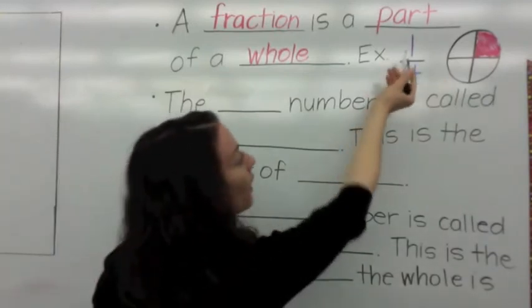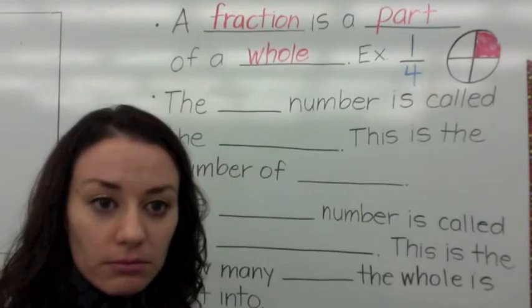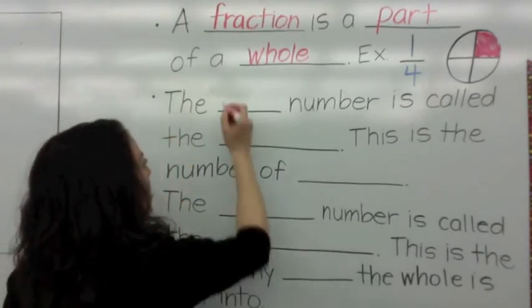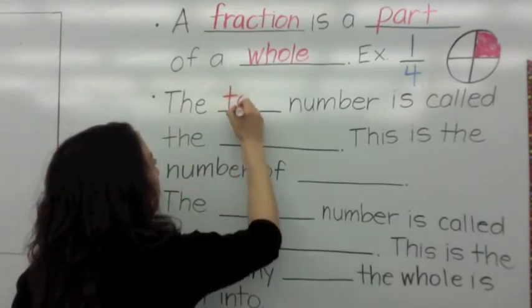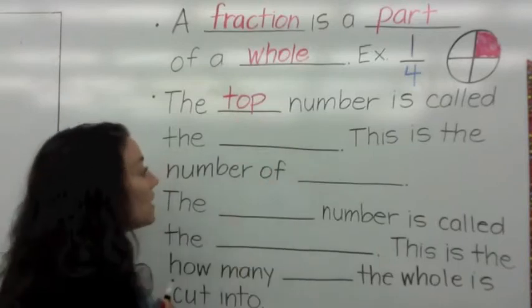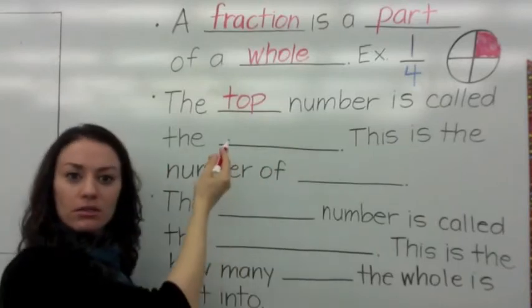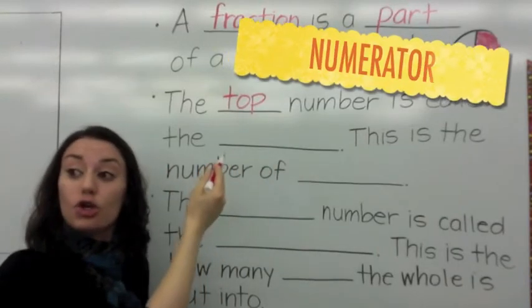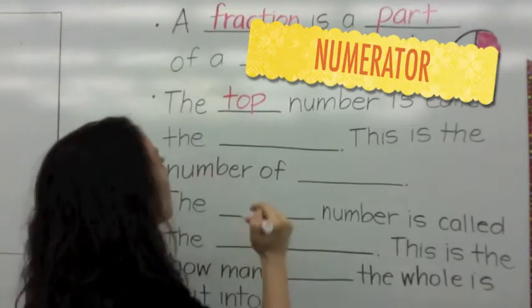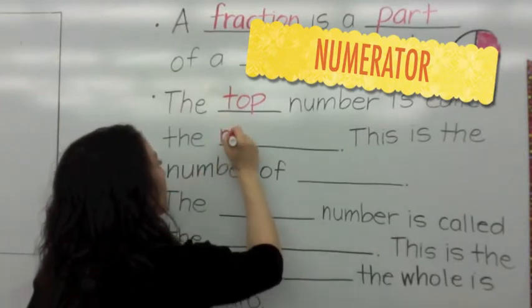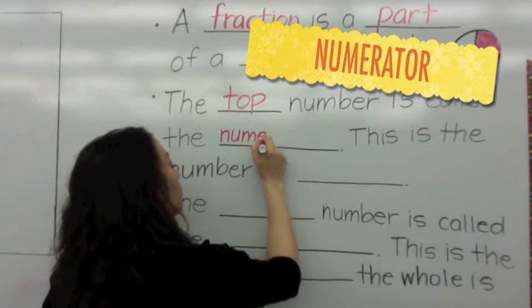Now let's talk about the 1. That's the top number, right? The top number is called, anybody know what it's called? Anybody know? It's the numerator. It's the what? The numerator. Numerator.